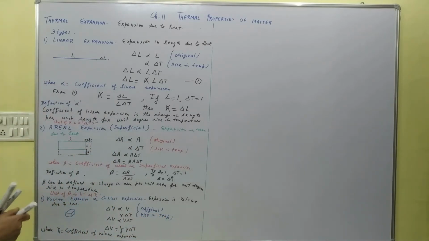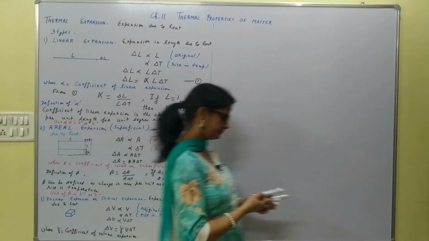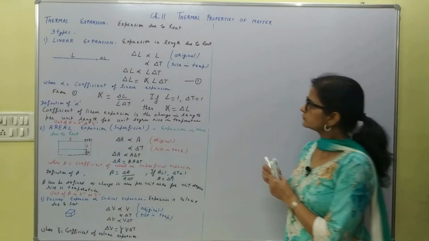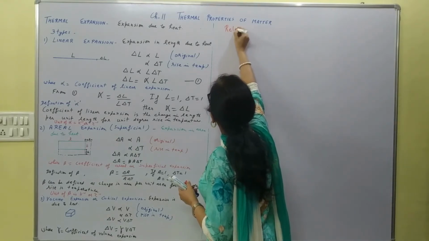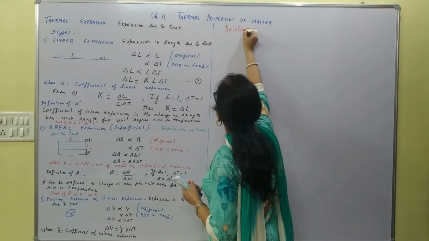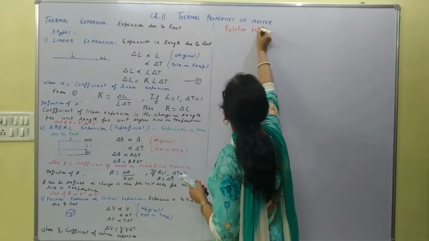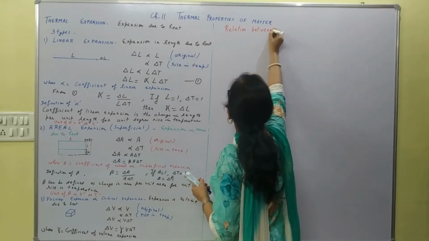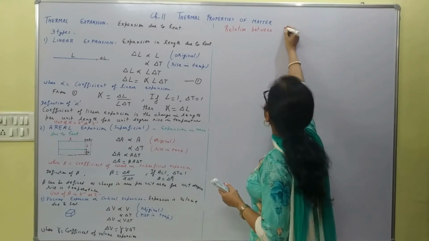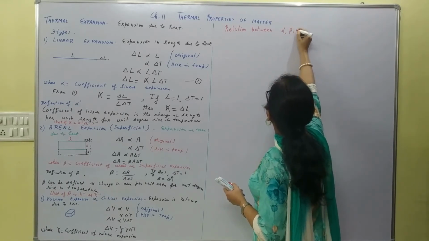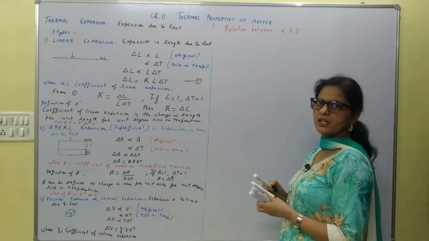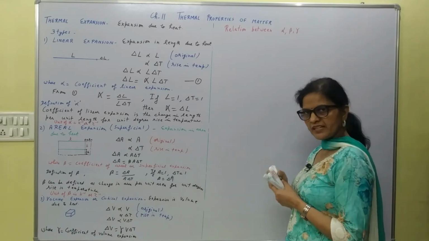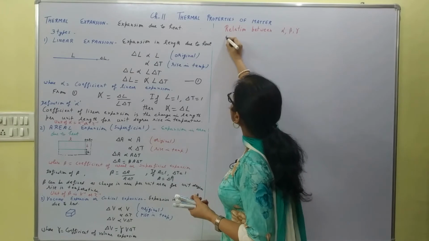Now we can derive a relation between alpha, beta and gamma. For that, first we will derive a relation between alpha and beta, then alpha and gamma, and then we will combine.